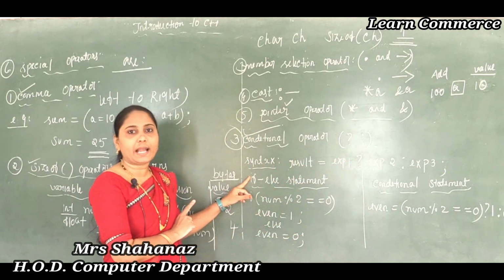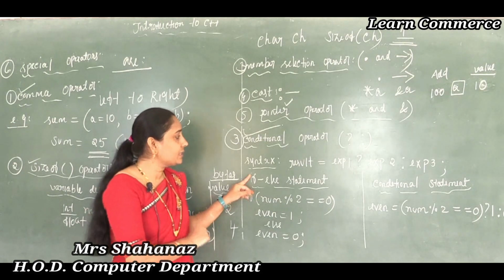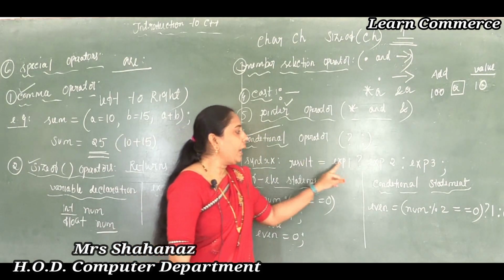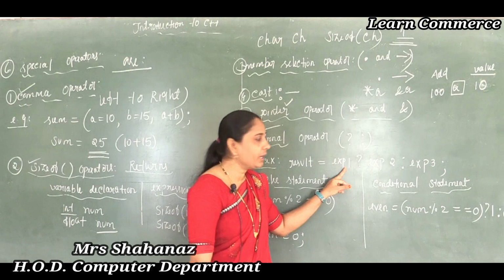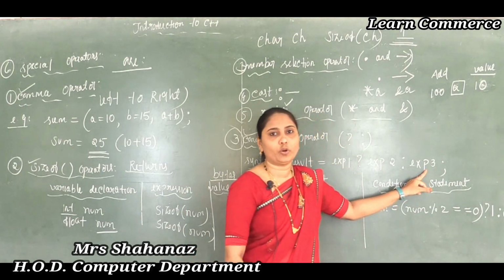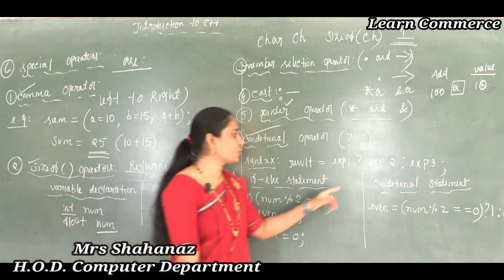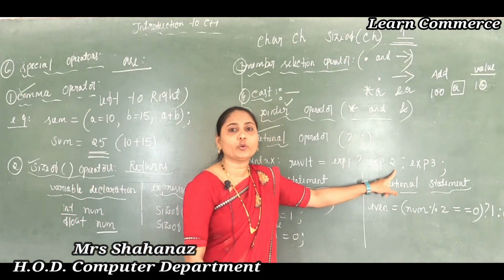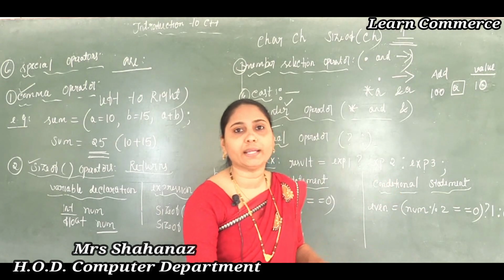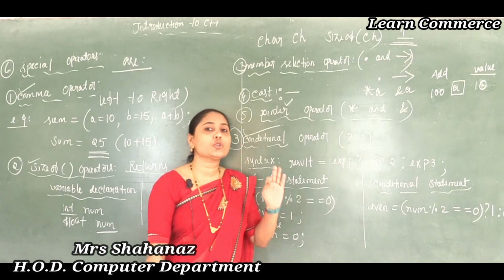Now let's see the syntax or the general form of the conditional operator: result is equal to expression 1 question mark, expression 2 colon, expression 3 semicolon. Clear this one here? Before going to expression 2 and 3, first of all we need to check whether the condition is true or false.